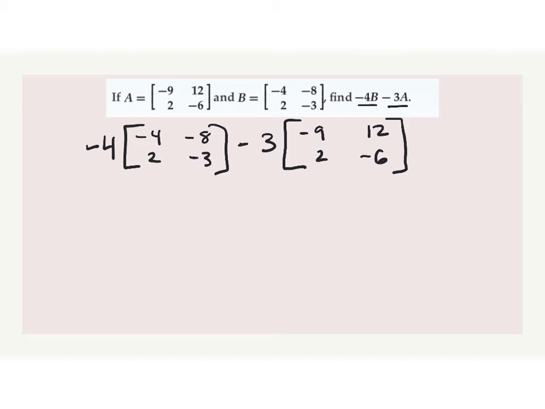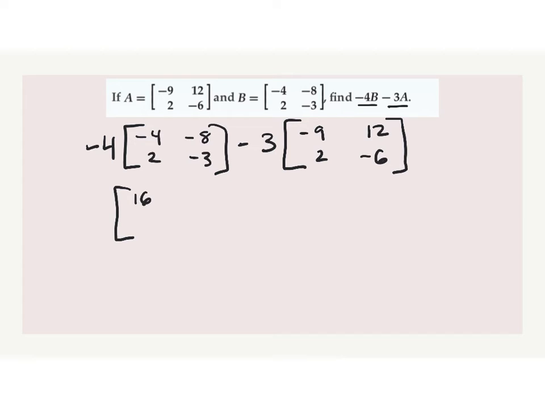What should we do first? Multiply. So let's multiply negative 4 times our matrix B. So negative 4 times negative 4. 16.